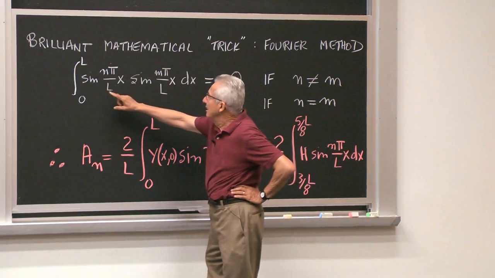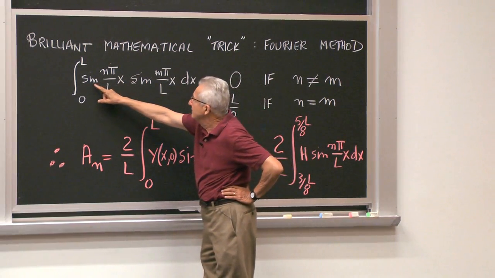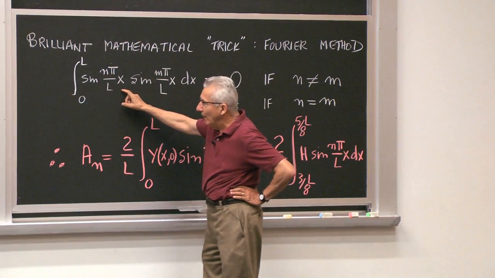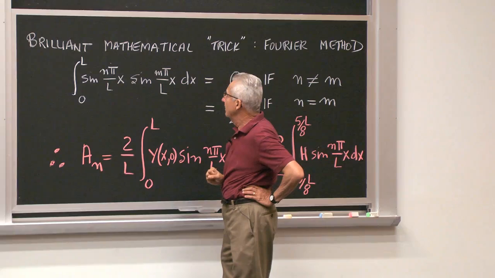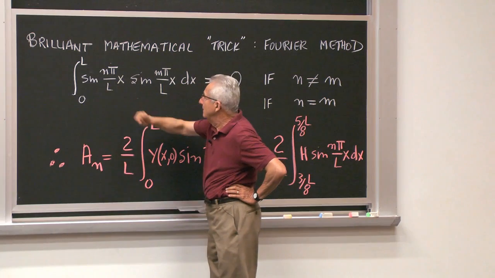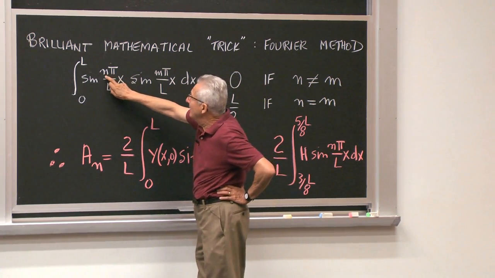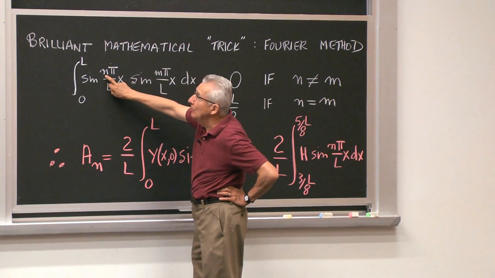If you take this function, sine n pi over L x, the one which is describing our shape over there, and by the way, n, I'm just reminding you, goes from 1 to infinity.